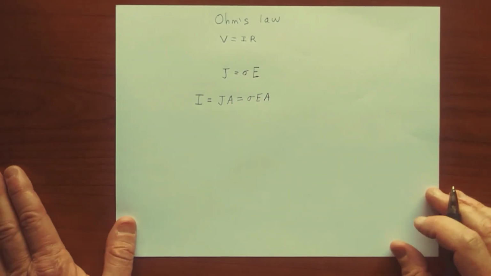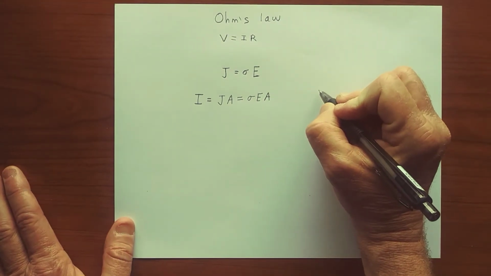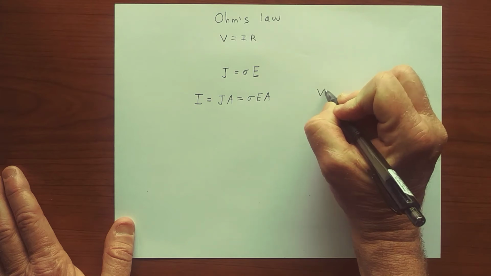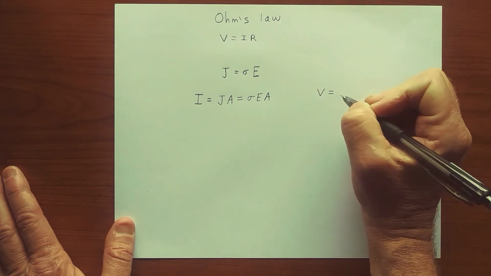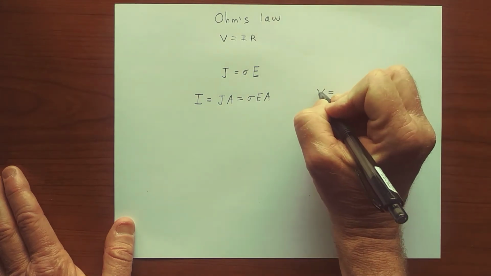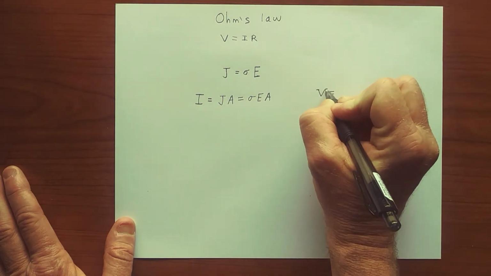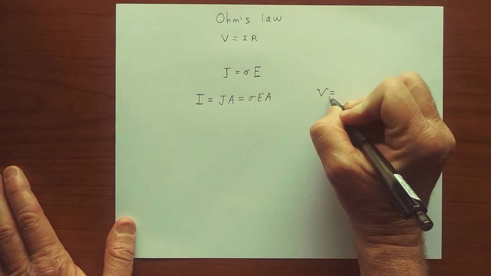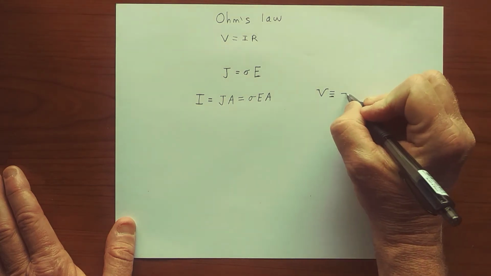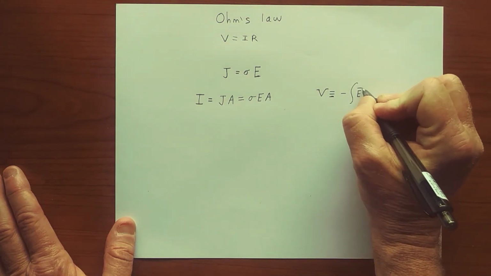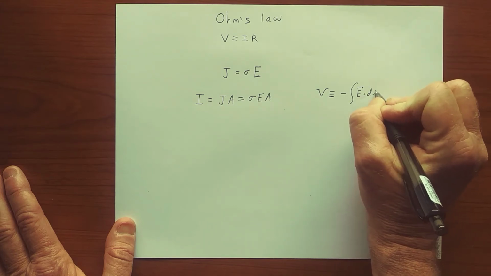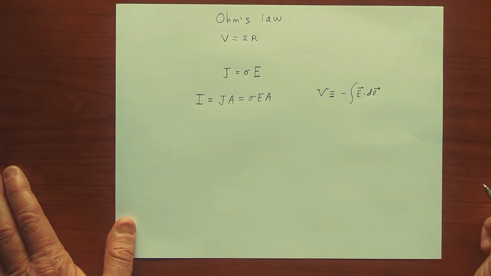And right, so we want to remember that voltage is really related to electric potential difference. So maybe use a slightly different symbol for electric potential difference, which is defined as minus the integral of the electric field over some distance.